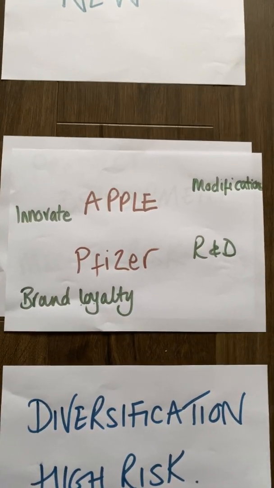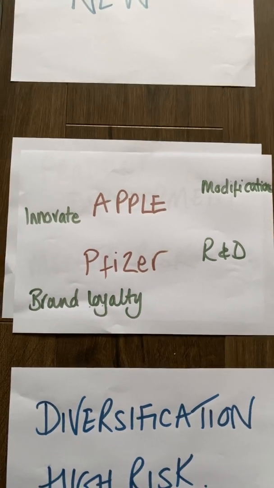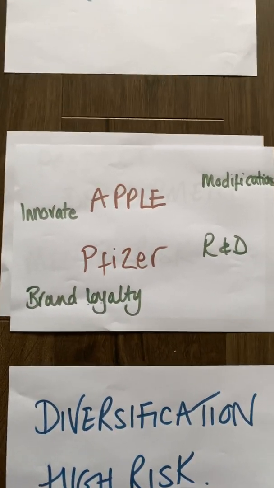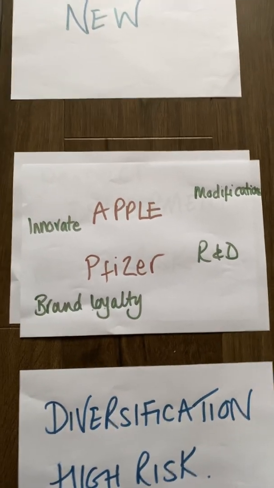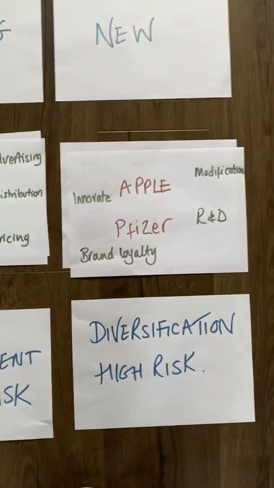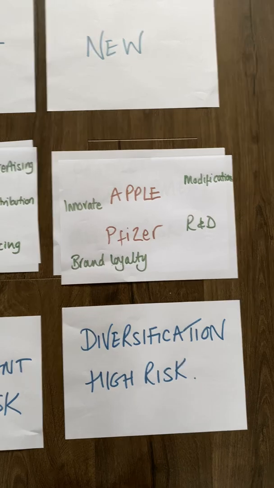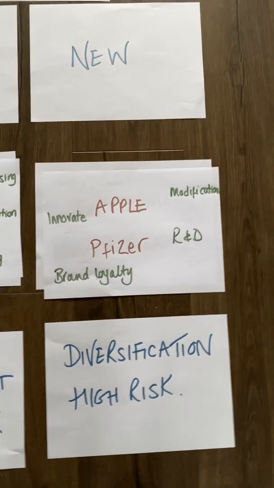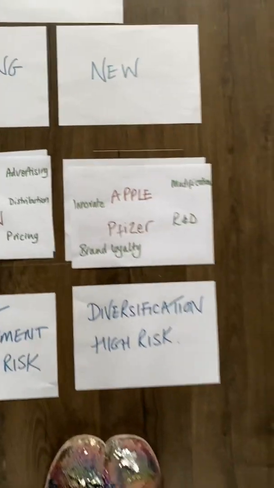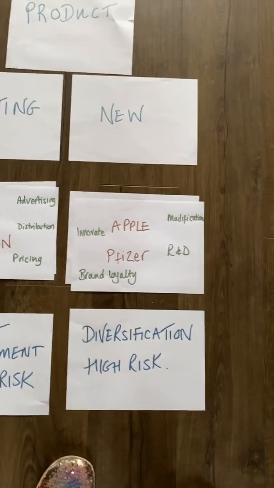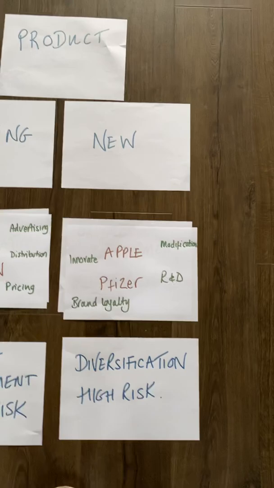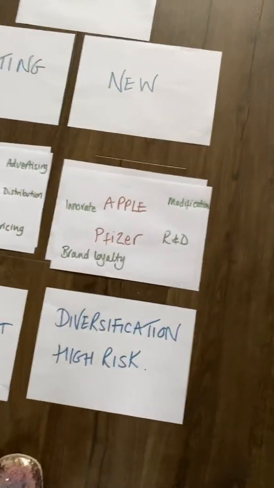They'll try to innovate, modify, spend a lot on research and development, and try to increase brand loyalty, to take those existing customers that they've already got and encourage them to buy new products. So I bought an Apple iPhone. How do they keep me? By innovating, creating new phones, and then I'll keep buying new products from the same company.